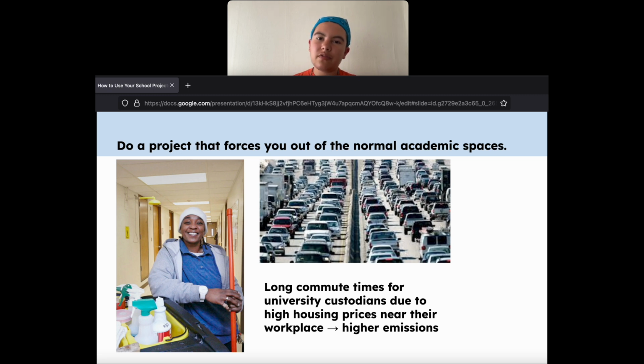You could probably figure out how much extra emissions are coming from the fact that low wage earning workers are being priced out of places near their workplace. You could figure out the carbon cost of that kind of economic policy, which would be really interesting, especially considering that most people don't even think about the custodians.